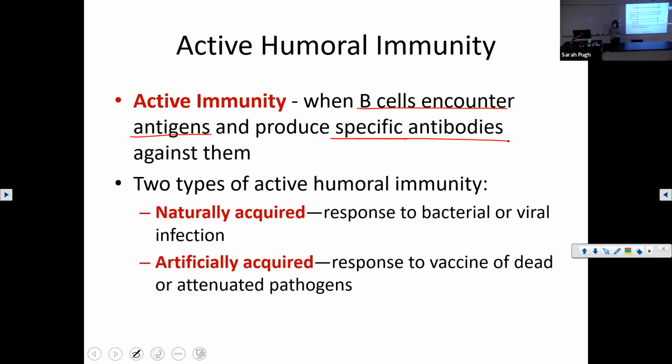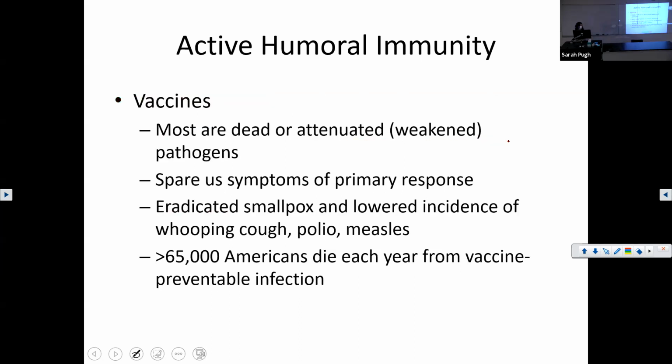Now, can you feel crappy after you get a shot, a vaccine? Yeah, because the whole process of primary immunity, ramping up your B cells, making memory cells, pumping out antibodies, it's going to make you feel crappy for about 24 hours. Okay, it's usually a lot less severe than if you actually got an active infection. So this is how vaccines work.